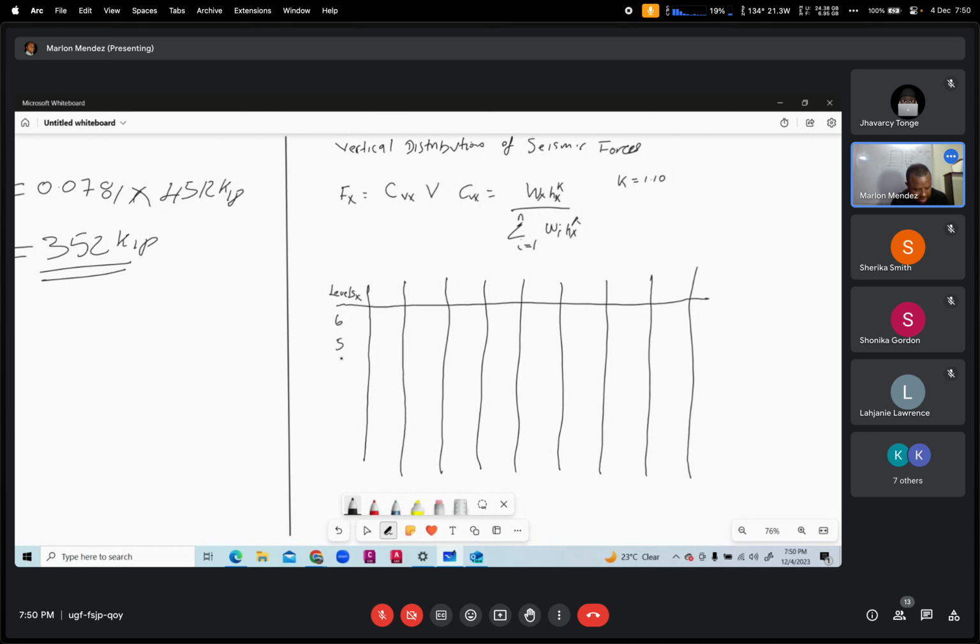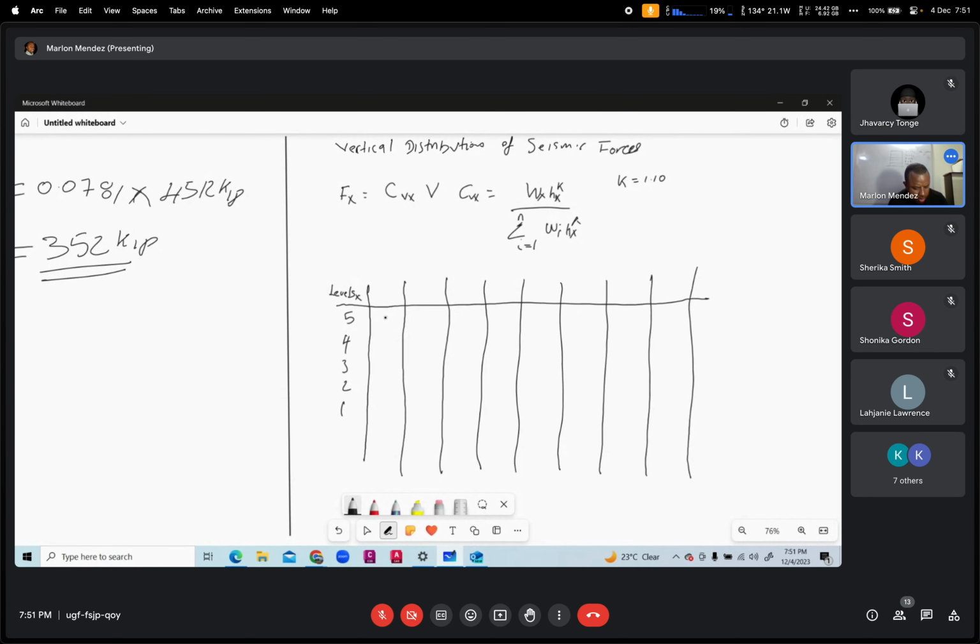I guess like the Americans, I could start it at 5, which is the roof level. So let's start at 5, which is the roof level, then 4, 3, 2, 1.